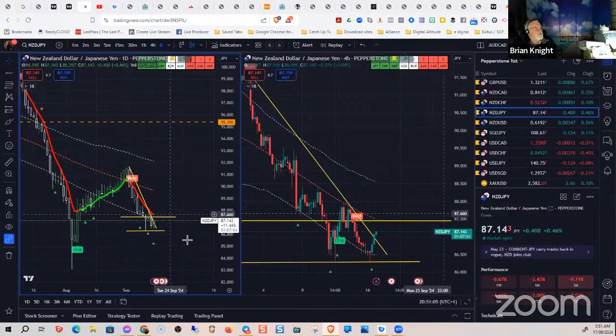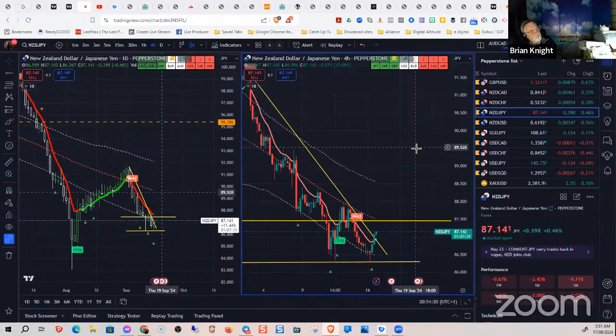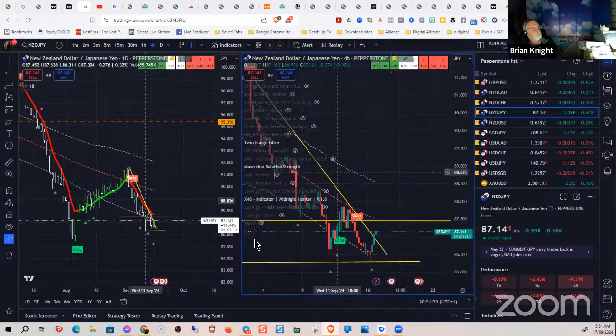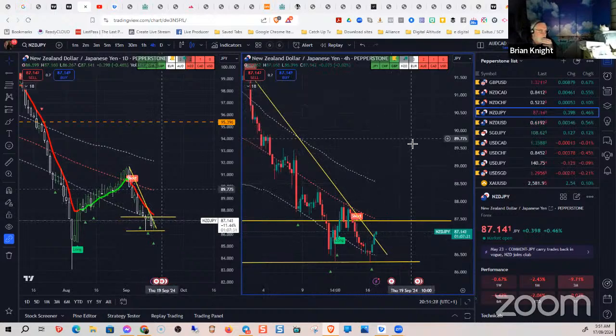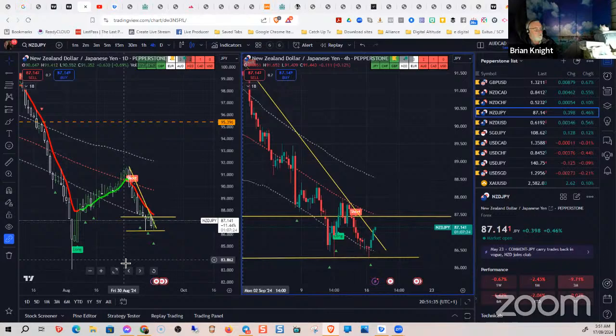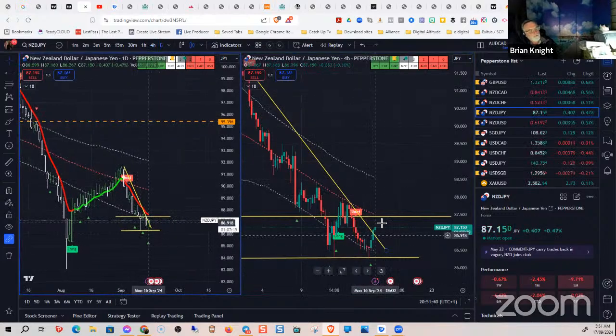So that short is still dominant, isn't it? The question is, will it come down and break down here before it does go back up? This might be just a little rally.